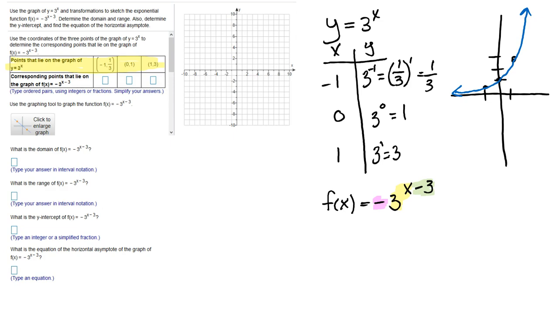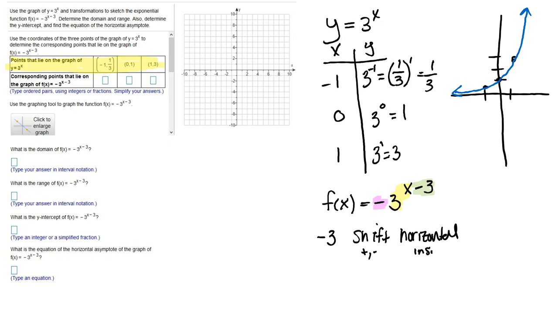So these are going to make changes to that graph. So let's start by talking about what that -3 would be. That -3 is going to be a shift. I know it's a shift because it has adding or subtracting. All shifts will have adding or subtracting on your function. Now that -3 is inside the exponent. So because it's inside the exponent, I know it's a horizontal shift.